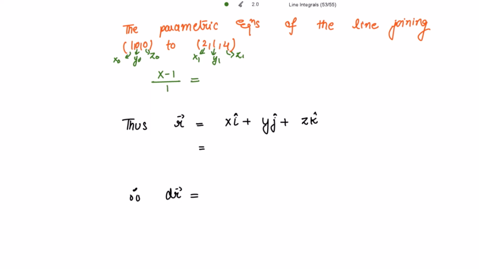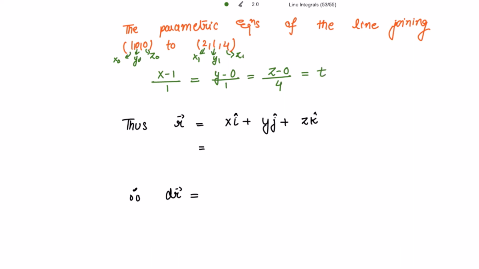And this is equal to y minus y naught, y naught is here 0, divided by y1 minus y naught, that is 1 minus 0, so that also gives 1. Further, it is equal to z minus z naught, again this is 0, divided by z1 minus z naught, that is 4 minus 0, which is 4.